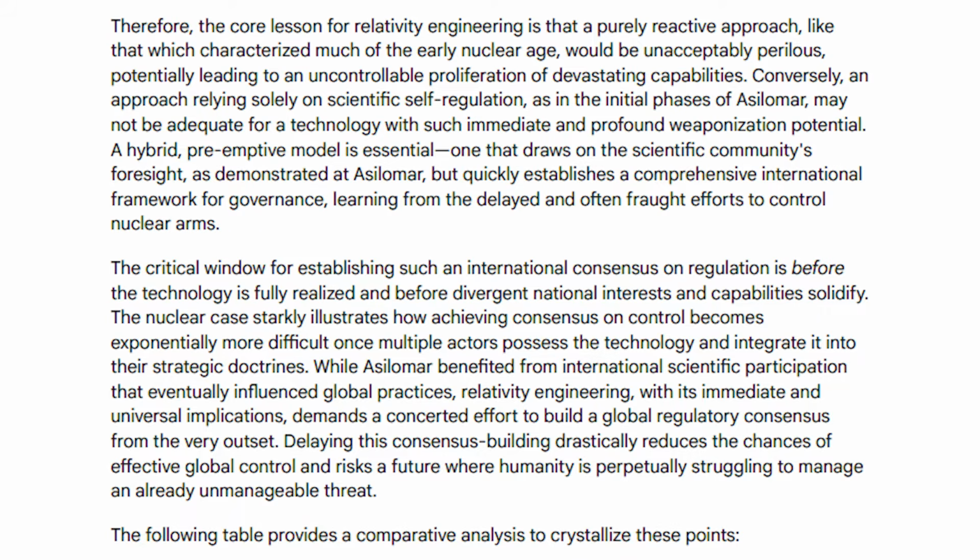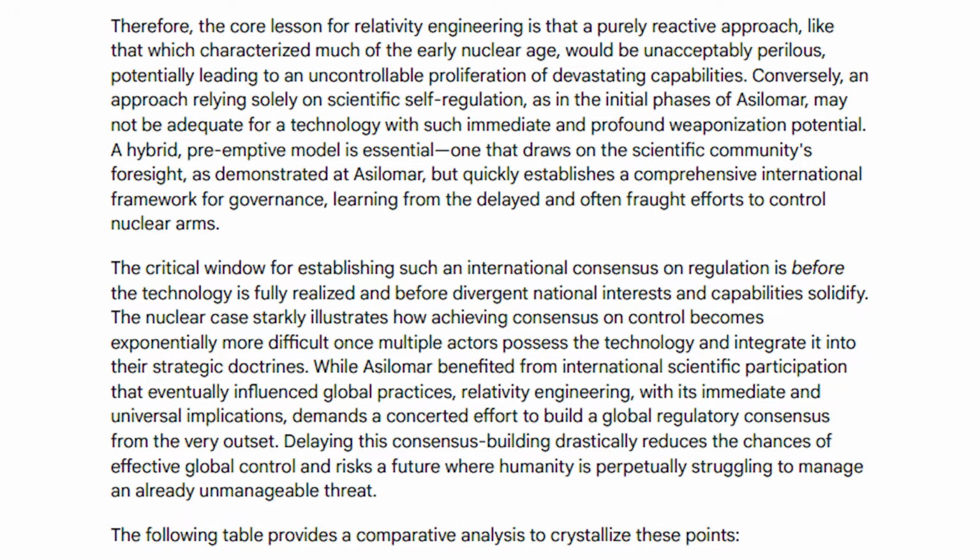A hybrid, preemptive model is essential, one that draws on the scientific community's foresight, as demonstrated at Aslamar, but quickly establishes a comprehensive international framework for governance, learning from the delayed and often fraught efforts to control nuclear arms.